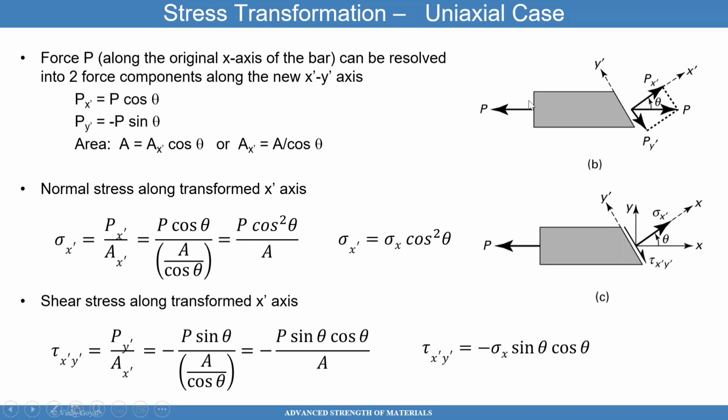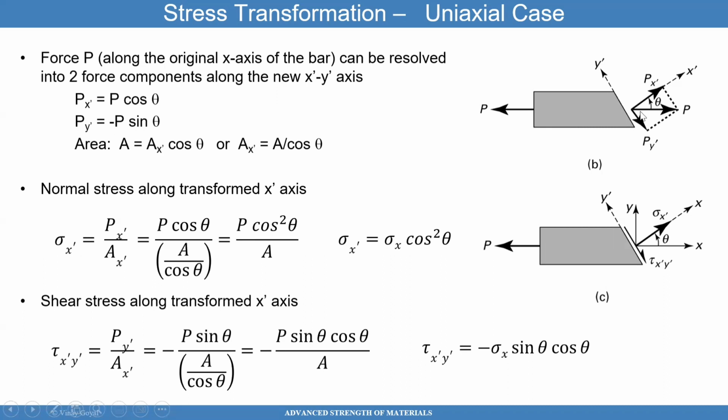If this area is A and is slanted by theta degrees, you can show that this area here that's slanted is A divided by cosine theta. We can check that because if theta was 0, then this will be straight, and you can see that cosine of 0 is 1, so the area A x prime is A, which is when this is straight. But it's slanted at an angle theta. So that's the area I'm looking at.